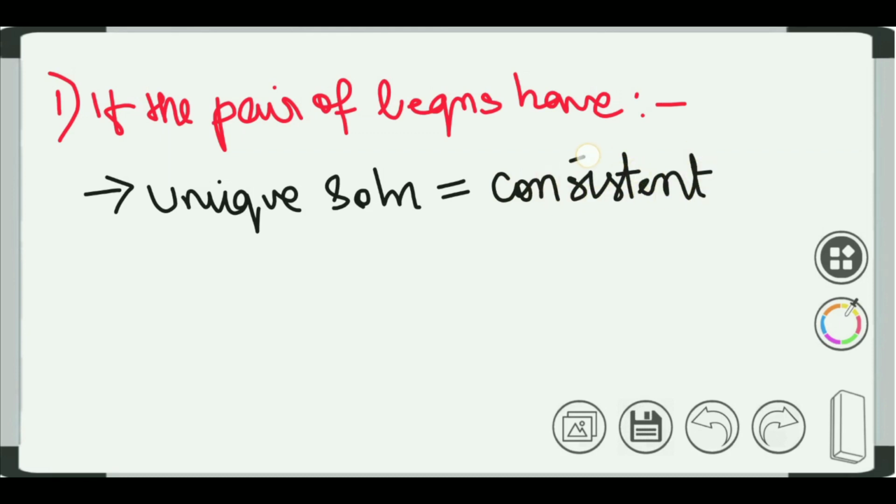Unique solution means what? It will intersect at one point, right? They'll have only possibly one solution, so it is consistent for a unique solution.